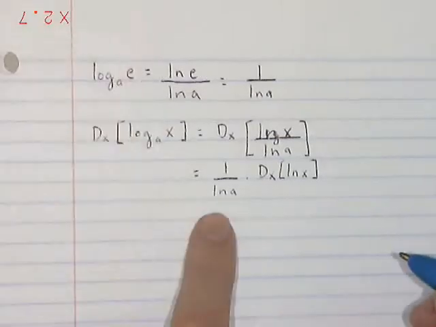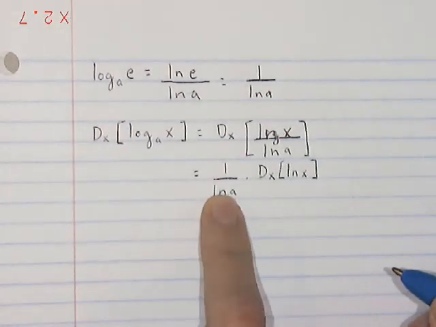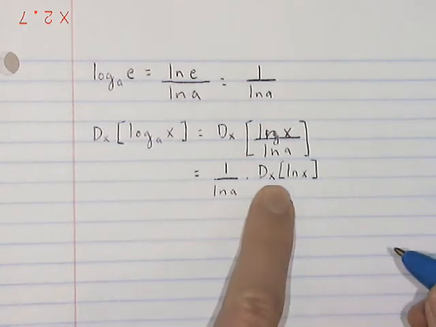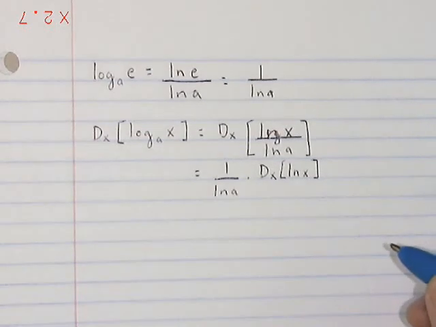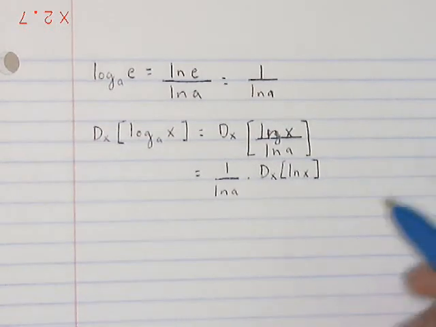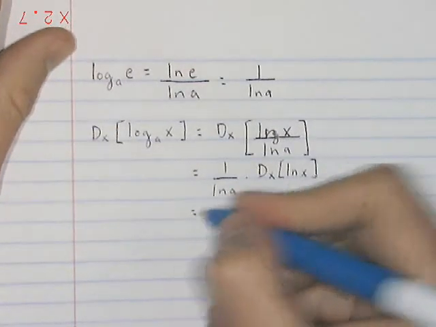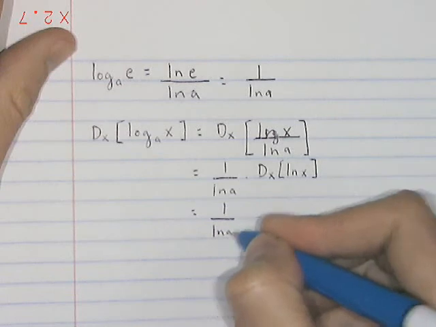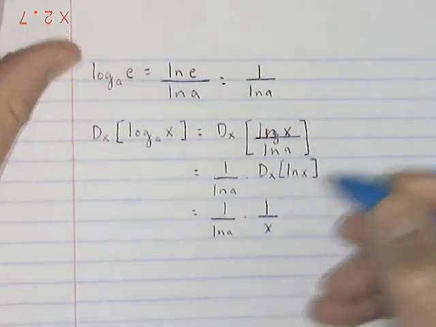This is the same exact thing as just pulling a constant out in front of a derivative. 1 over ln of a is just a number. Okay? So really we're just taking the derivative of the ln of x, which we know is just 1 over x. So this derivative starts to look like 1 over the ln of a times 1 over x.